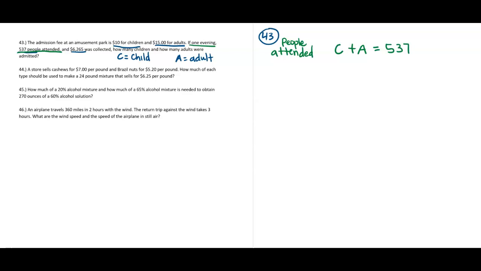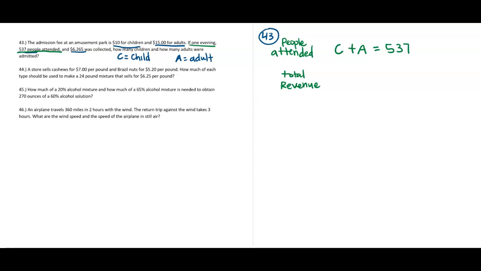All right, then our second equation is going to use the money, because we're talking about the cost, or the price on this. And so I'm just going to put down total. This is like revenue, total money coming in.